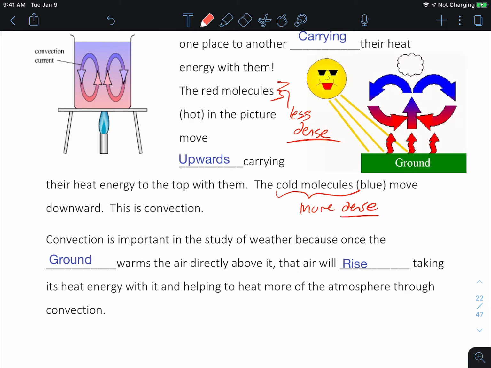Convection is important in the study of weather because once the ground warms the air directly above it, the air will rise, taking the heat energy with it and helping to heat more of the atmosphere through convection. In your home, convection is incredibly important. This is why many houses are equipped with hot air ducts that blow hot air in.